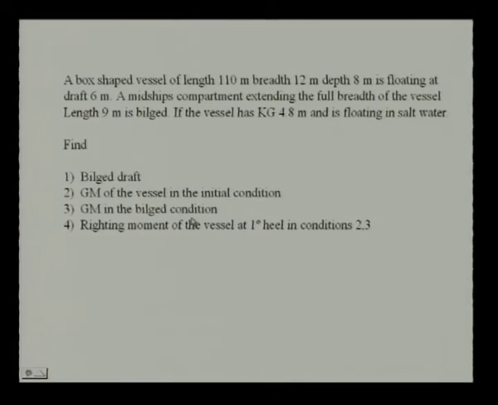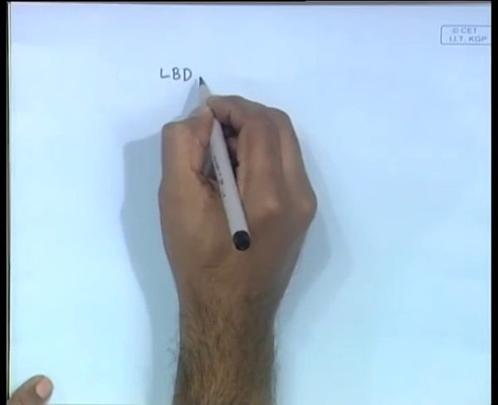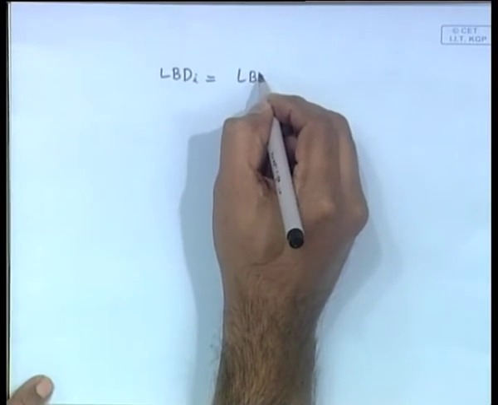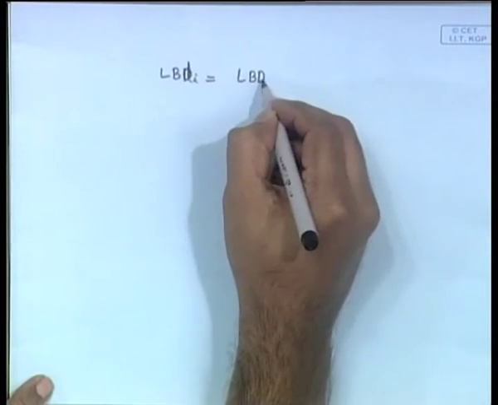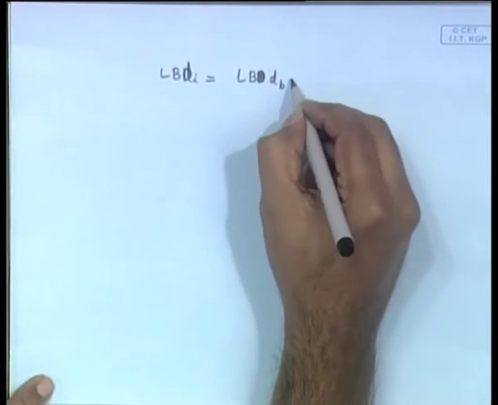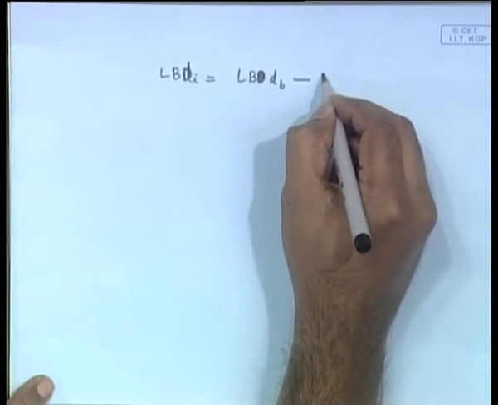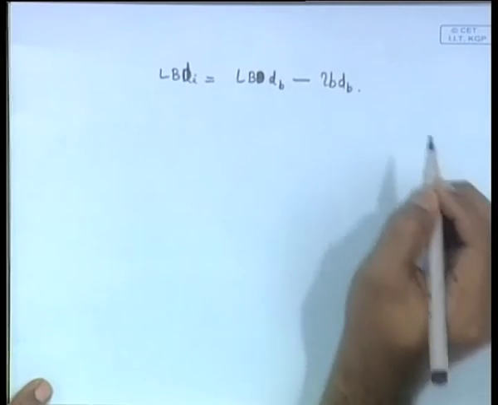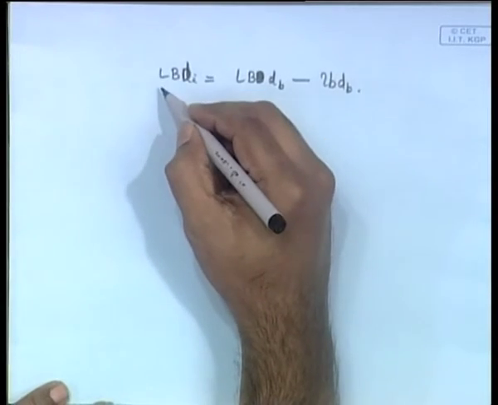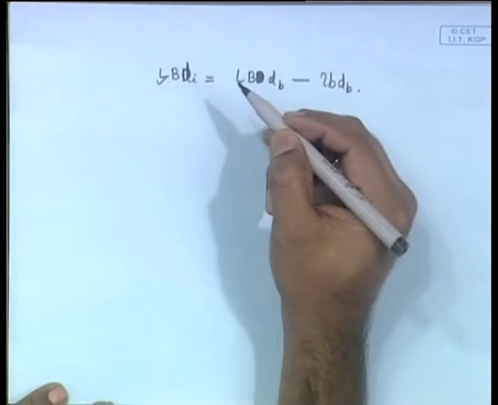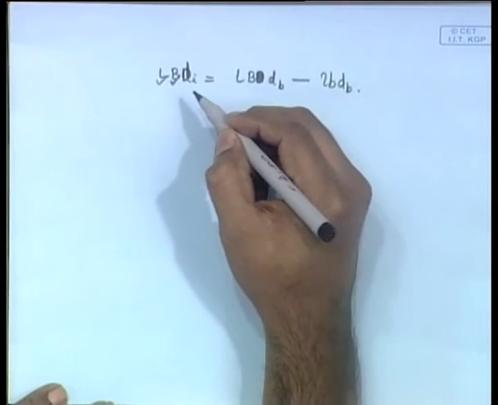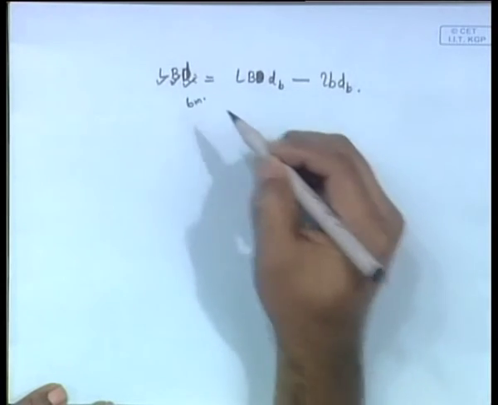What we can do is apply this formula: L B D initial is equal to L B D in the bilged condition, minus L B d in the bilged condition. In this case, L, the length of the vessel, is given, B, the breadth of the vessel, is given, and D initial, the initial draft, is 6 meters, which is given.